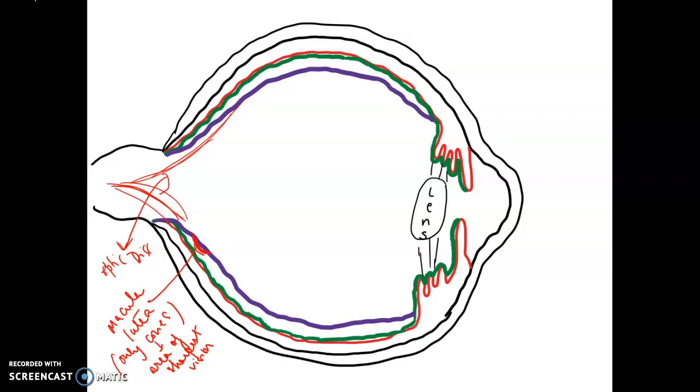The eyeball can be divided into two chambers or two cavities. From lens to cornea, this is called the anterior cavity. And from lens all the way back here, this is called the posterior cavity.